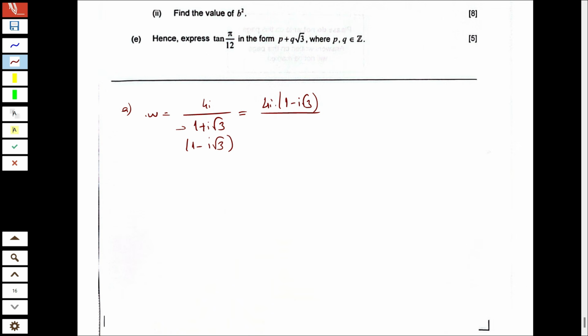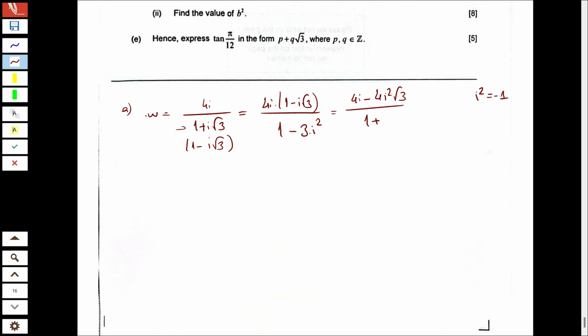So we will get 1 minus square root of 3, it's going to be 3 times i squared. In the numerator, we will get 4i minus 4i square root of 3, right? And in the denominator, I know that i squared equals minus 1.